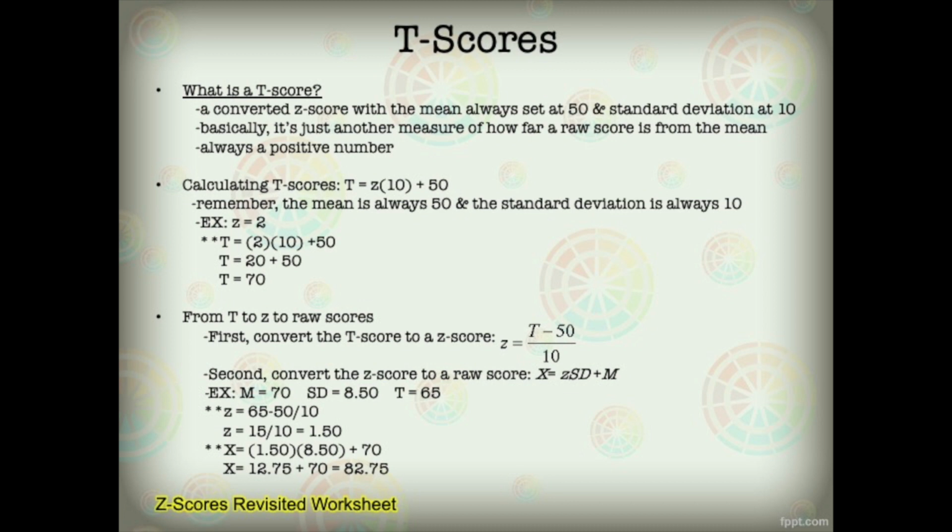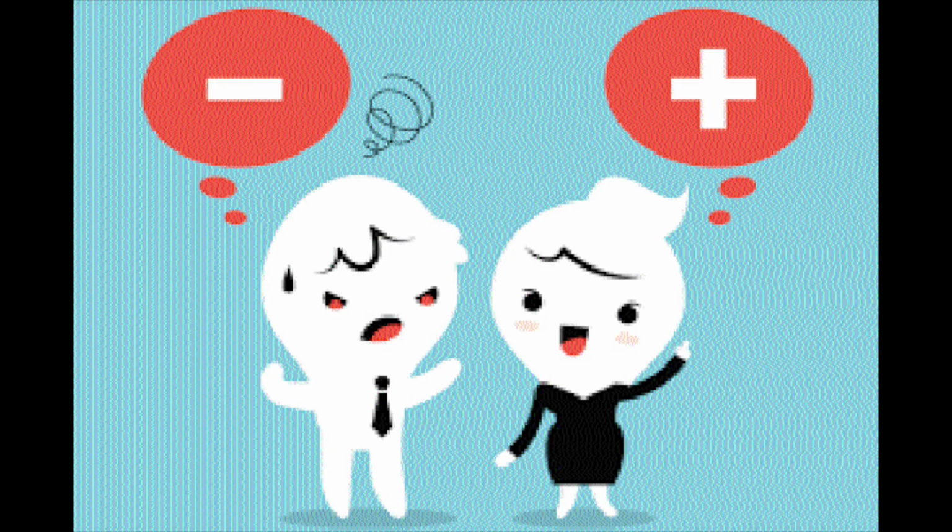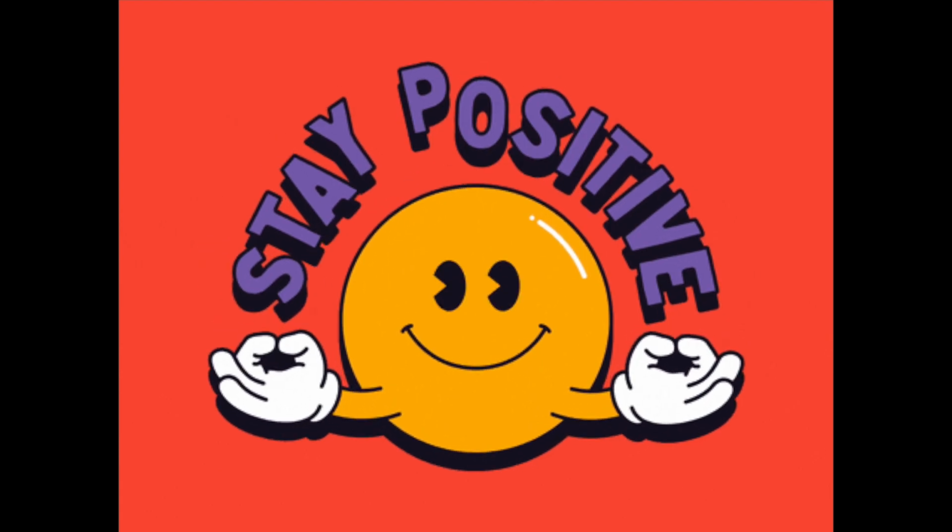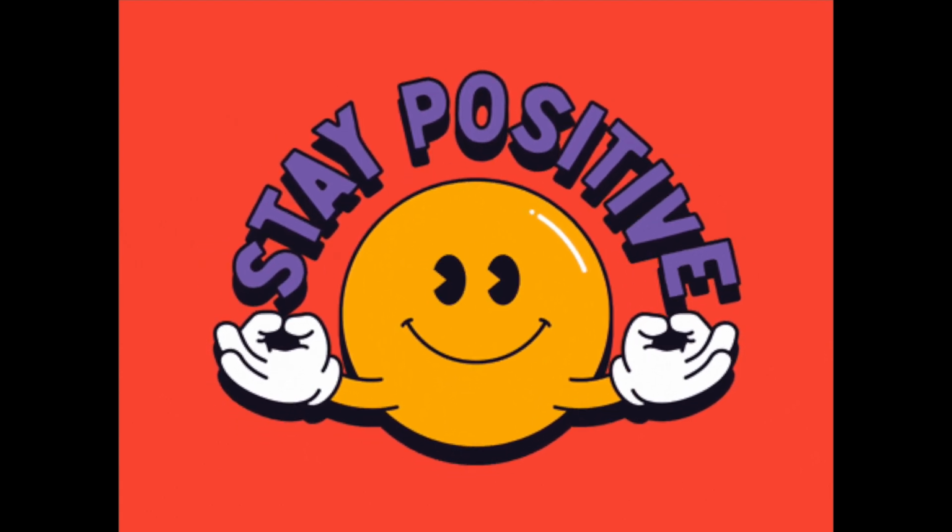Sometimes, especially in education, if you have to explain to parents how well their child is performing using z-scores, it can be challenging, and it can be sometimes upsetting to people if you tell them that their child is getting a negative z-score. And so t-scores just keep everything positive, and in psychology we like that.